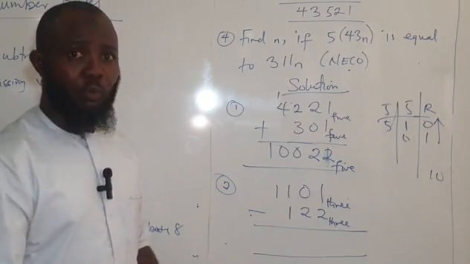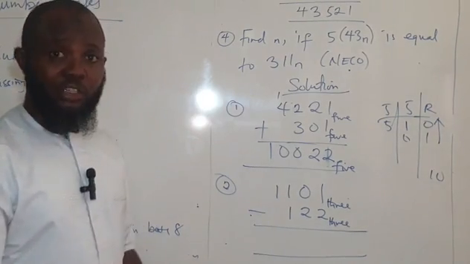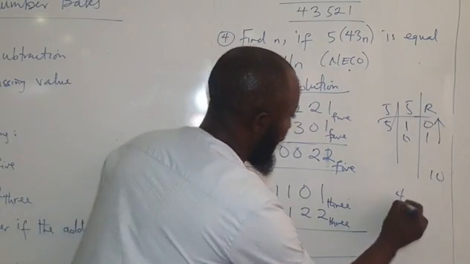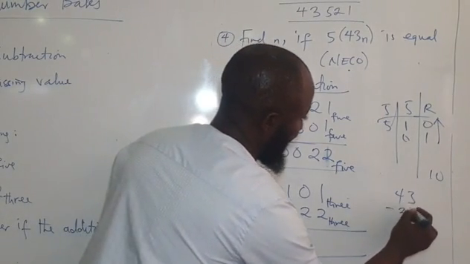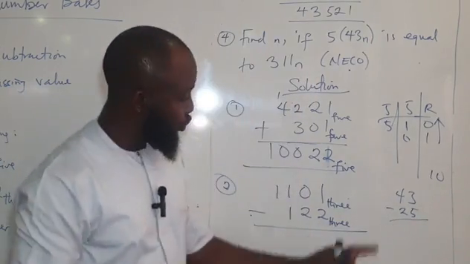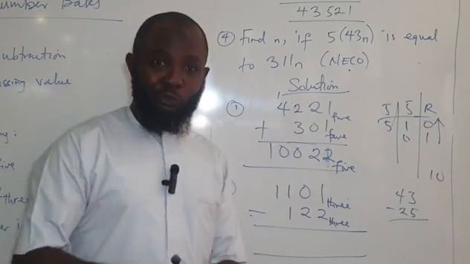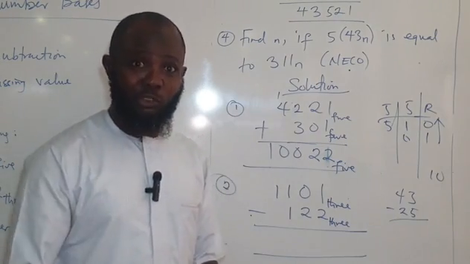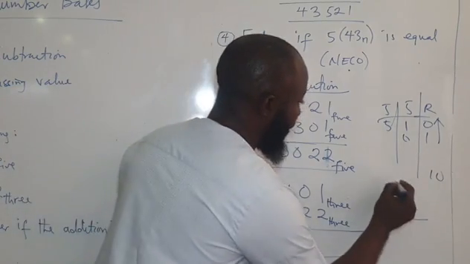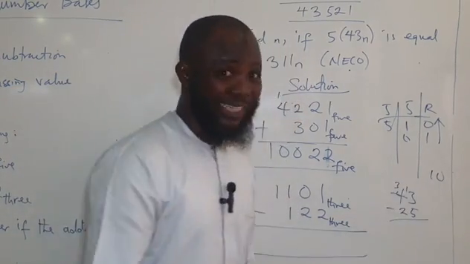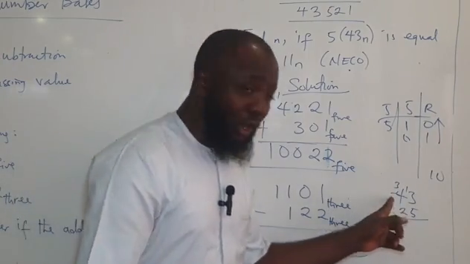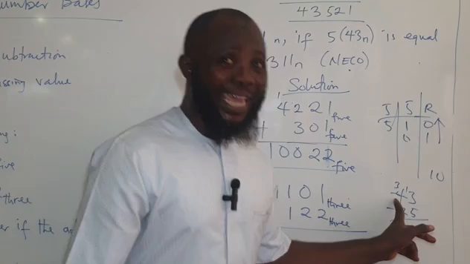Now, let me take you back to our normal subtraction. If you have 43 minus 25, what do we normally do? We borrow 1 from 4. But nobody told you that this is what you are doing. So you borrow 1 from this. This remains 3. You put the 1 here, it becomes 13. It means the 1 you borrow here will be 10.